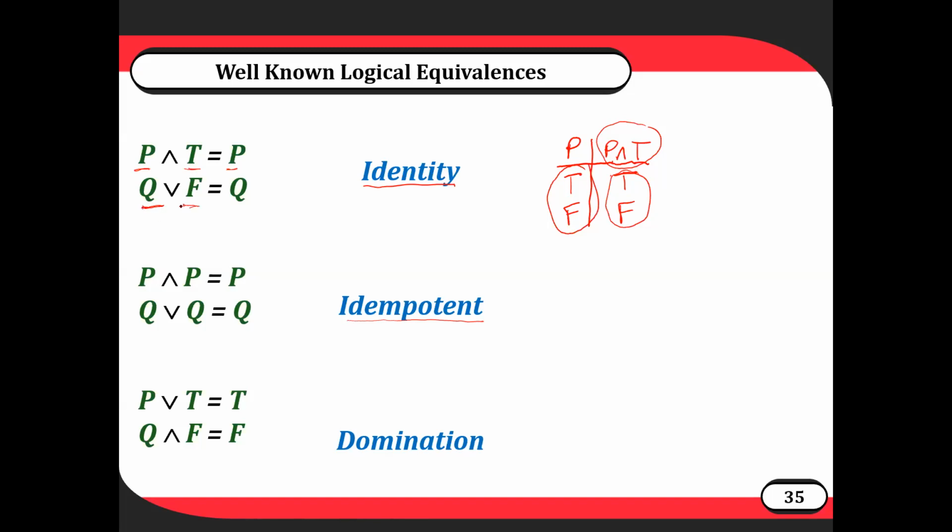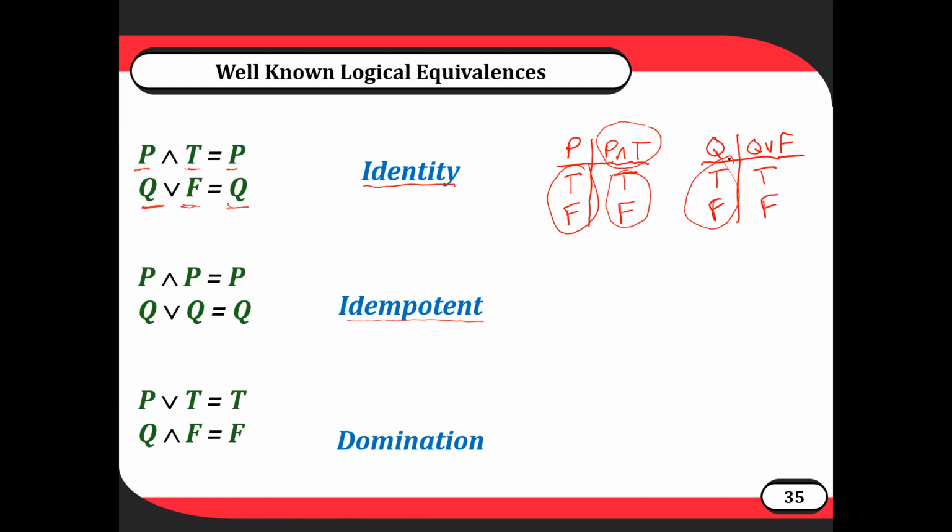So in Q or false is equal to Q. If Q is true, then Q or false is equal to true. And if Q is false, then Q or false is equal to false.